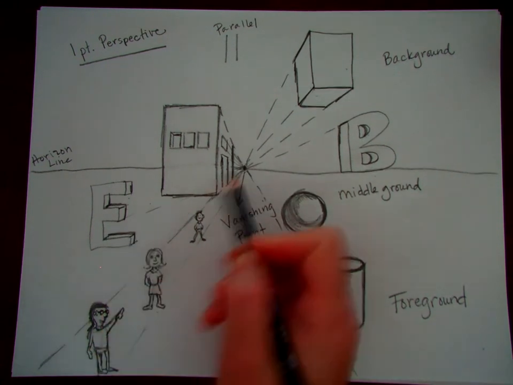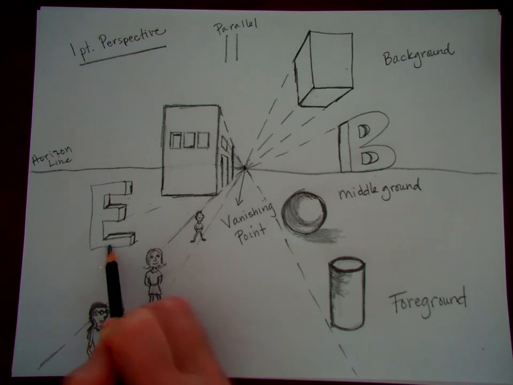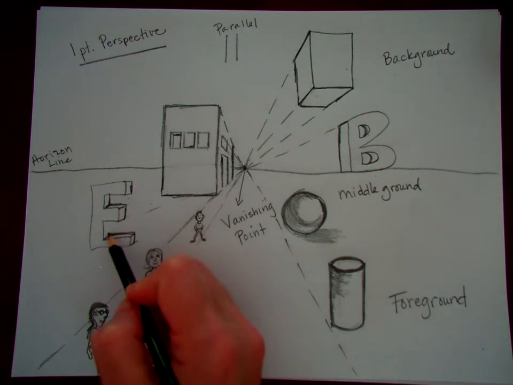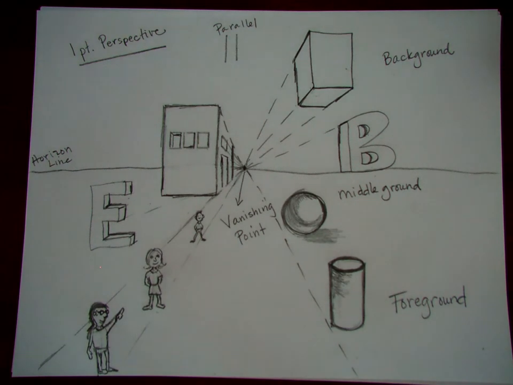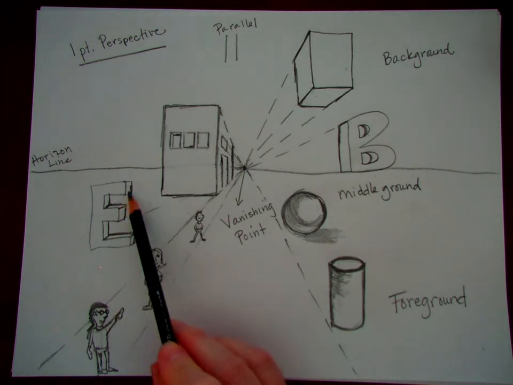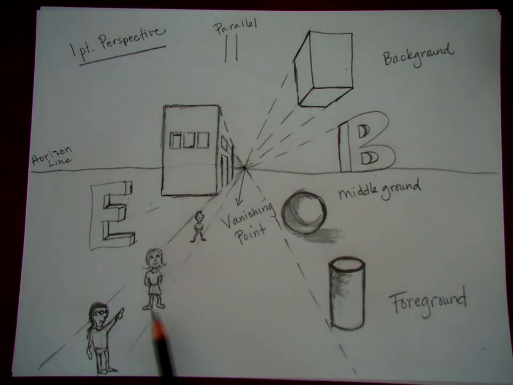So this goes this direction, and then this is just parallel with the top and bottom. And then this is parallel with this line. So you want to look at your letters. If they look cool, if they don't look awkward, then that means you got the right angles on them. This one does look a little funny, but that's because I'm seeing both this side, and then I'm also seeing kind of the inside part of it from the angle that I'm at.